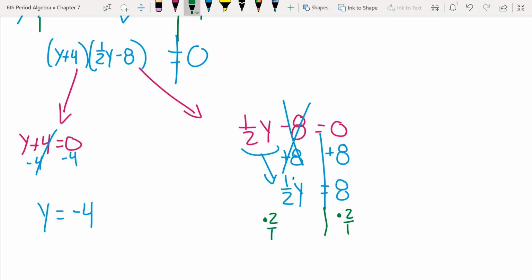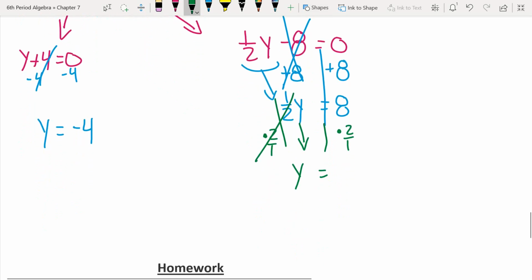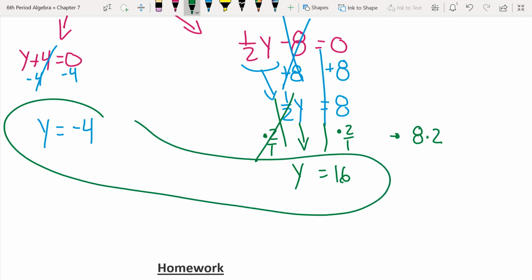If you didn't, you'll still get the same answer if you apply copy dot flip. But the 1/2 and the 2/1, they cancel each other out. And it leaves us with just 8 times 2/1. Well, let me just show some work over here. 2/1 is the same thing as a whole number of 2, so it's really just 8 times 2, and that's 16. So my two potential answers here are y equals -4 and y equals 16.